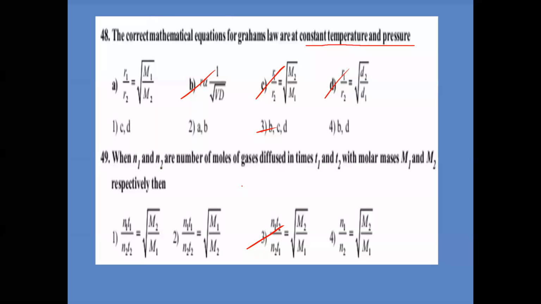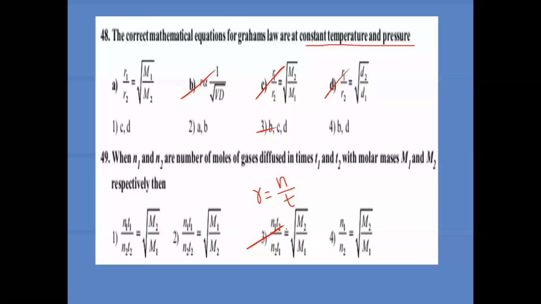We know that R1 by R2 equals under root M2 by M1. Here R is the number of moles diffused in the given time, so R is N by T. R1 is equal to N1 by T1, and R2 is equal to N2 by T2.